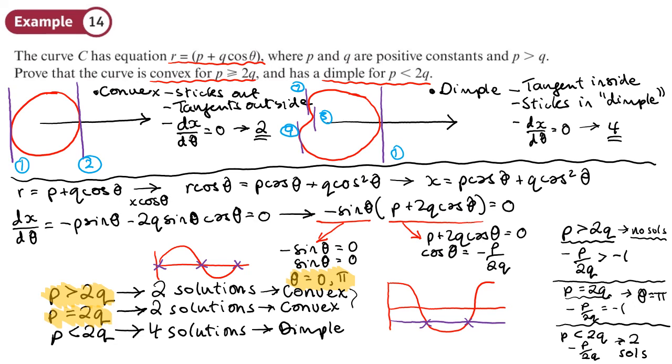So this is our proof here. But it really depends on an understanding of what a convex graph is and its tangents, and a graph with a dimple and its tangents. Right, you should now be able to do exercise 5D on pages 115 to 116.